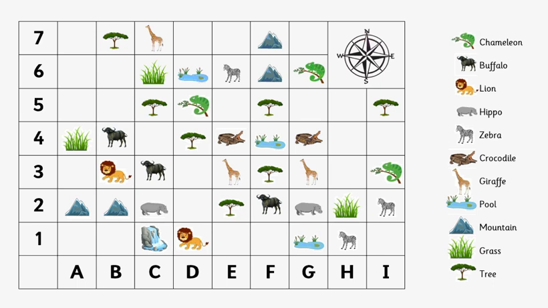Start in I4, half turn clockwise, forward 3 spaces. Then 3/4 turn anti-clockwise and forward 5 spaces. What animal have you landed on?